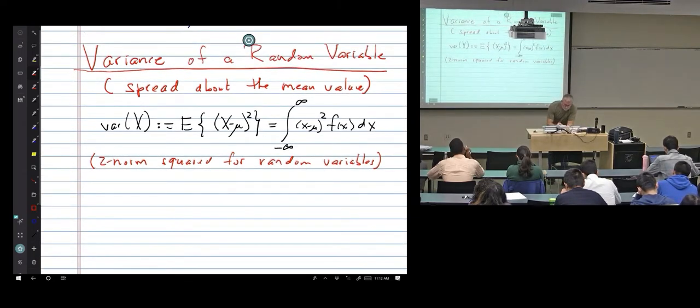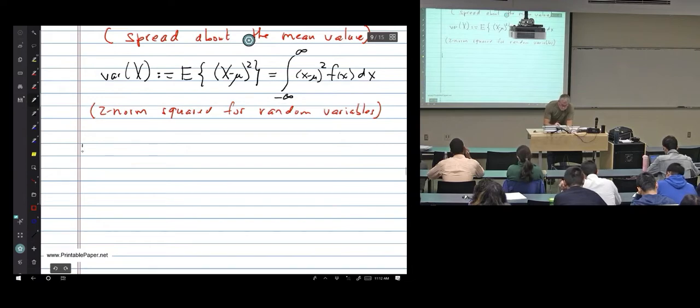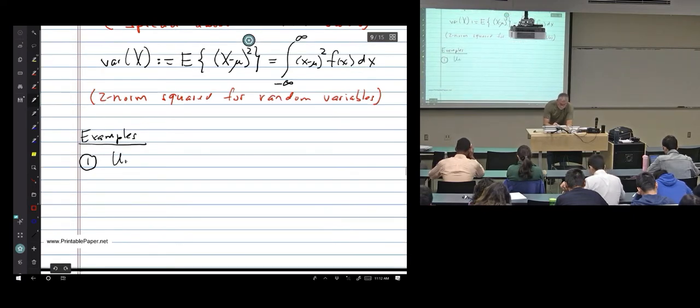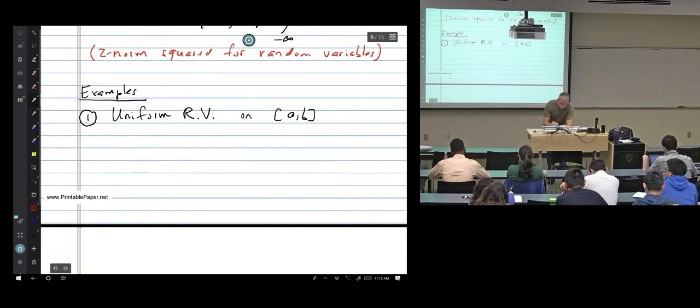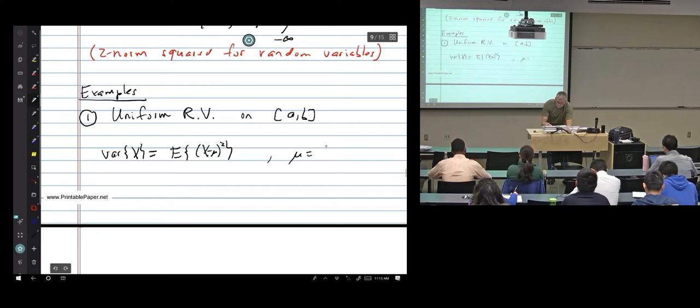Okay, so what's the variance calculations, just as on our examples? So for the uniform random variable on AB, variance of X is equal to expected value of X minus the mean squared, and the mean was B plus A over 2.